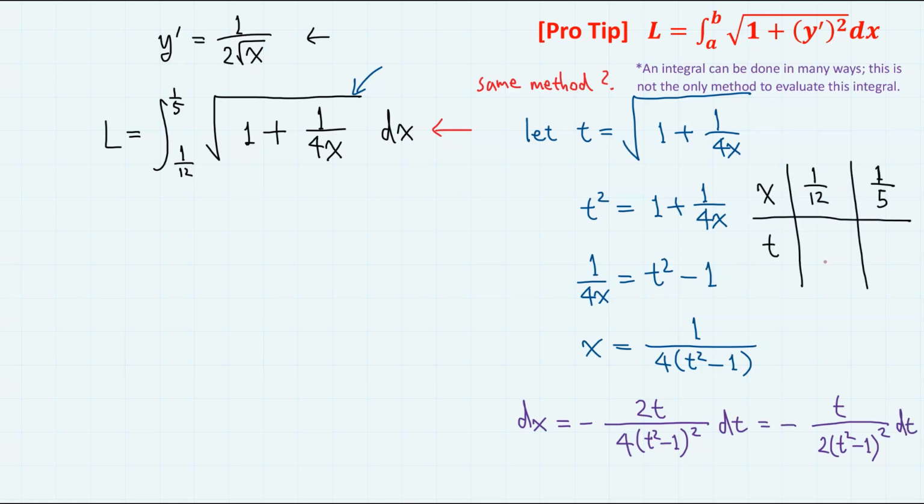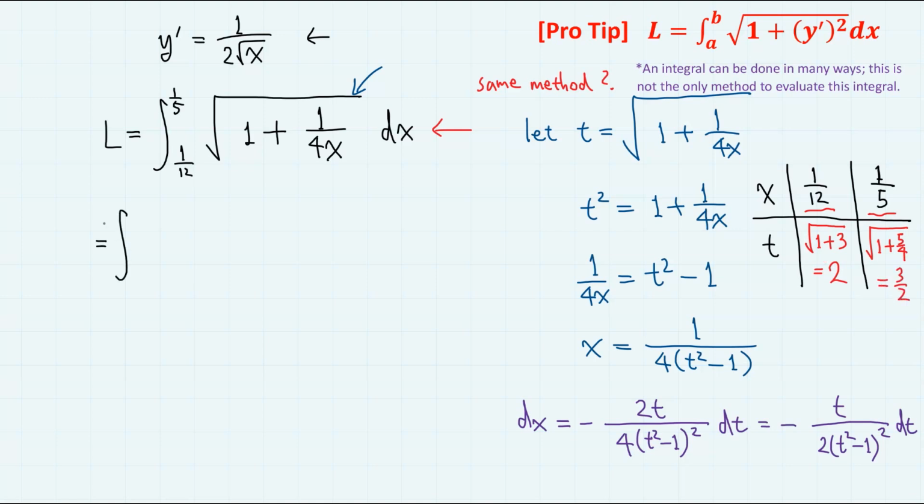We also need 2 endpoints for our new variable t. When x equals 1 over 12, then t is square root of 1 plus, and the second term becomes 3, so we have 2. And when x equals 1 over 5, t equals square root of 1 plus, now the second term gives 5 over 4, which gives us the value 3 over 2.